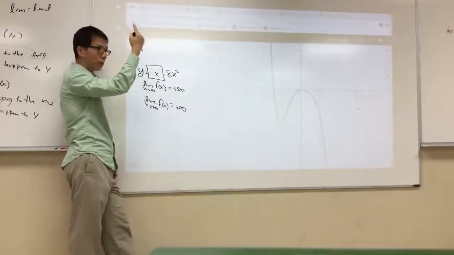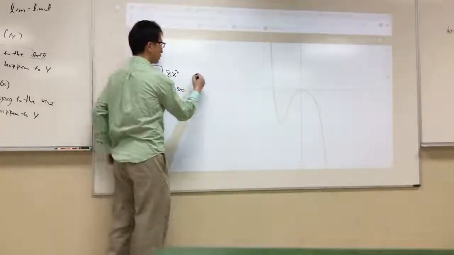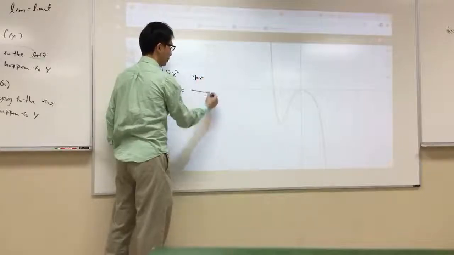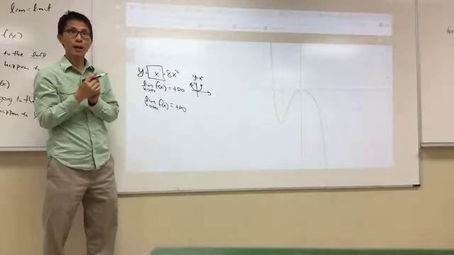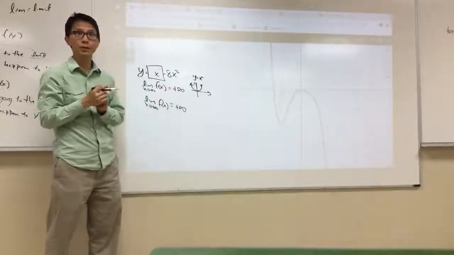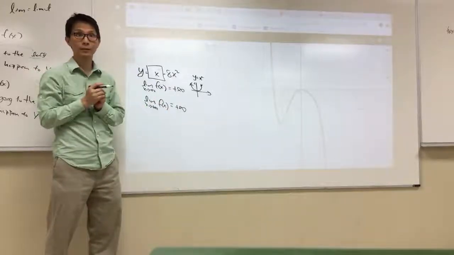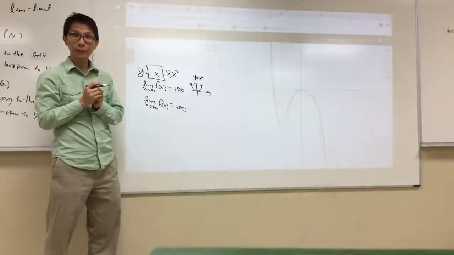What happened to the graph? Going up, because just think about the x squared graph. It's going up. If it's up, then it's positive infinity. What happened to the y value? Positive infinity. Are we okay here?